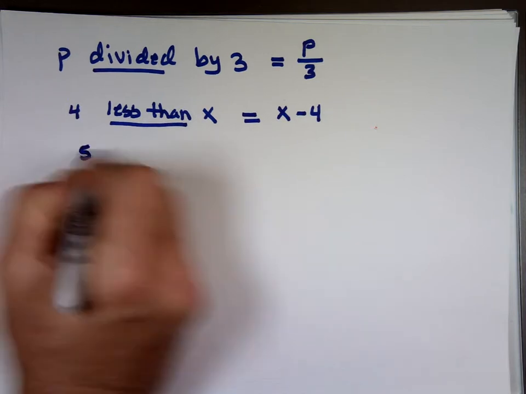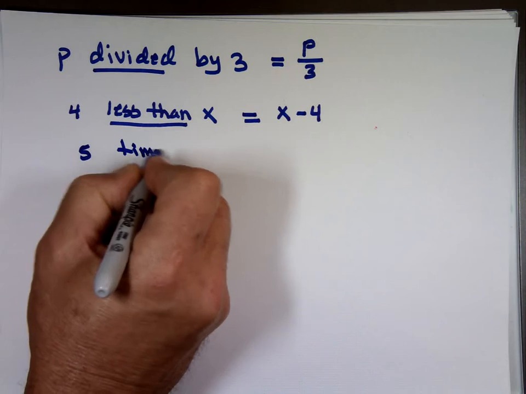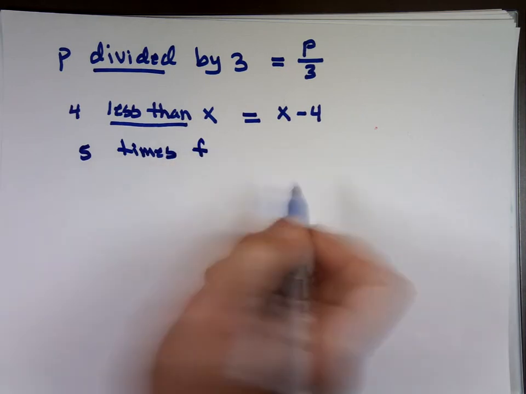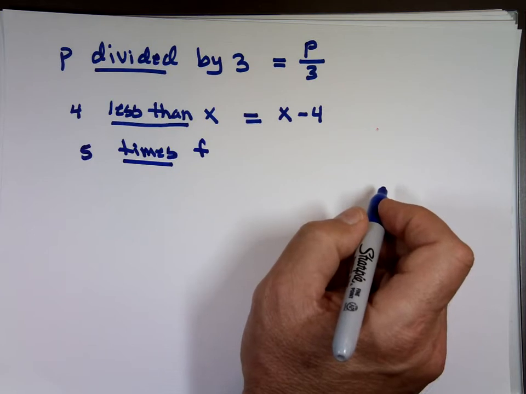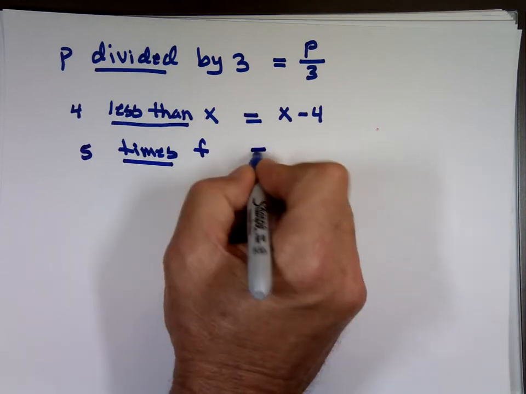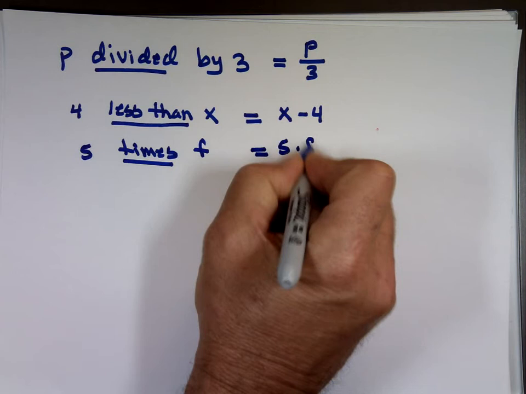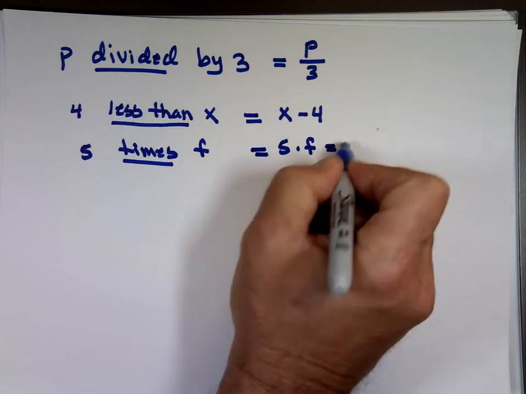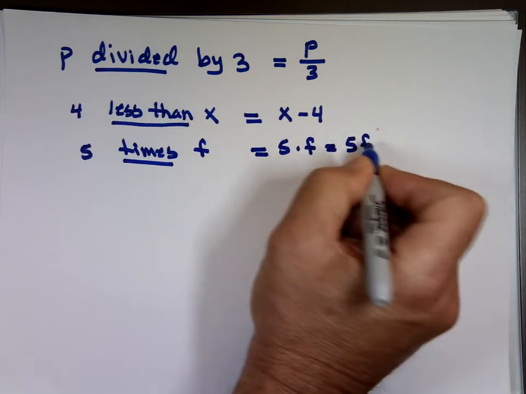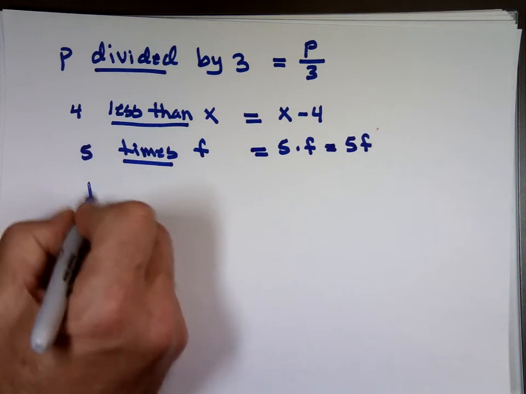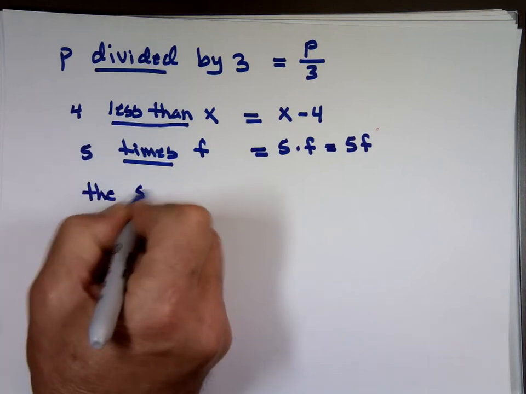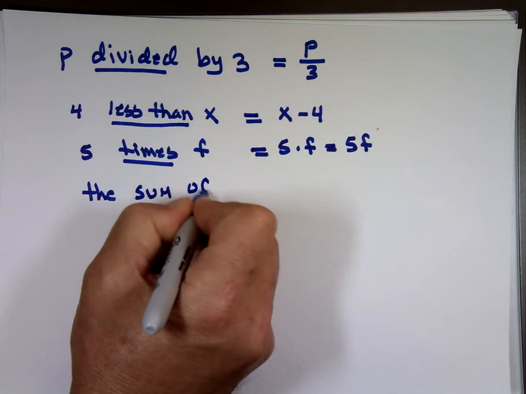5 times f. Multiplication. 5 times f. Again, a lot of times we don't put the dot there, so it's 5f. The sum of 2 and y.